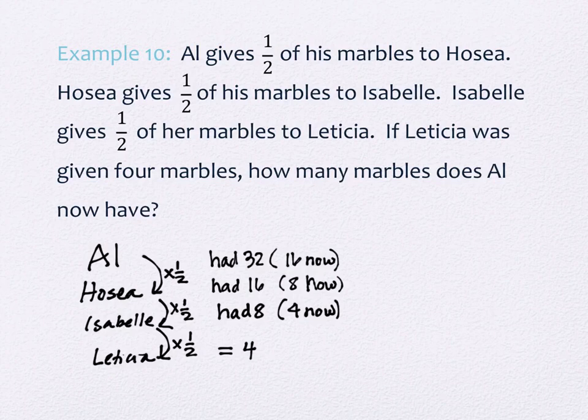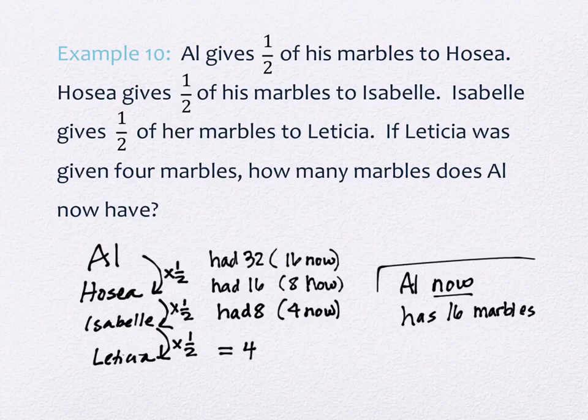What were we asked to find? How many does Al now have? 16. Al now has 16 marbles. Okay, so we're going to stop there.